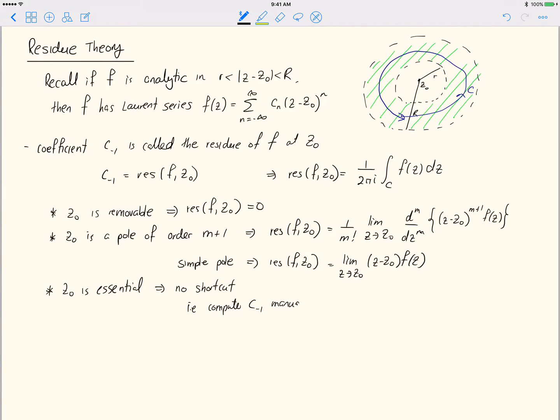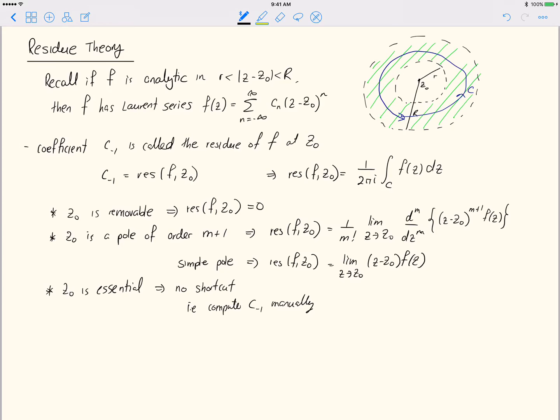That doesn't necessarily mean that you have to do that integral. What you could do is just find a Laurent series, like we did in previous videos, and then just see what's the coefficient of 1 over z minus z0 in that Laurent series. So that's often what you would do in the case of an essential singularity.